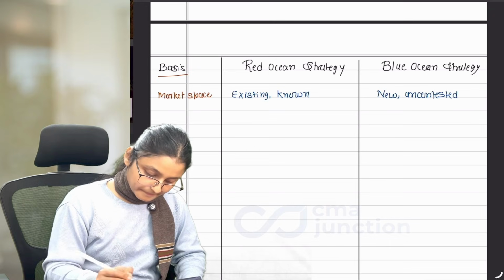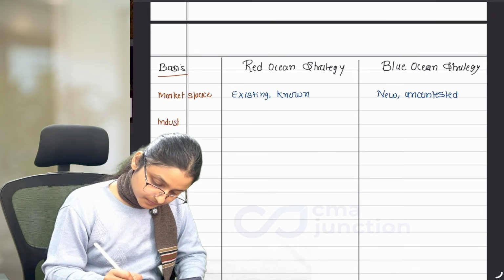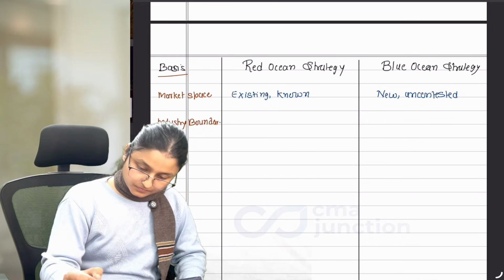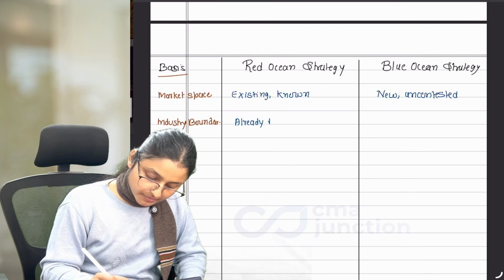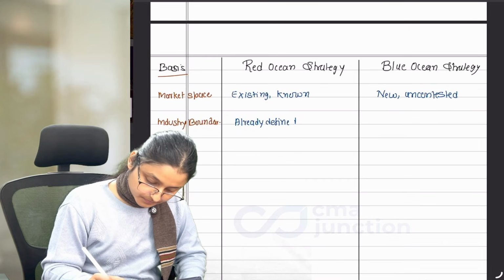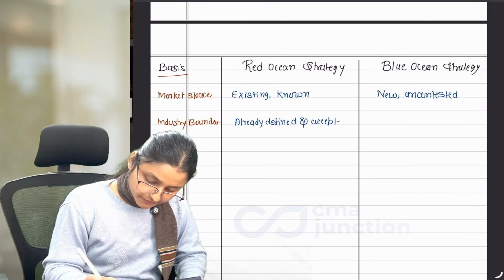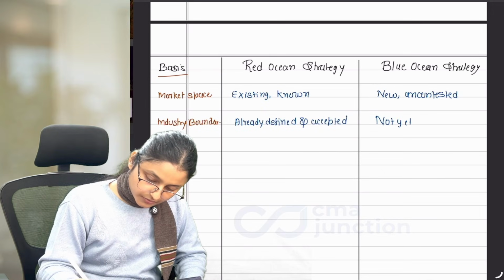Next, industry boundaries. Here we have already defined and accepted boundaries. Here the boundaries are not yet defined.